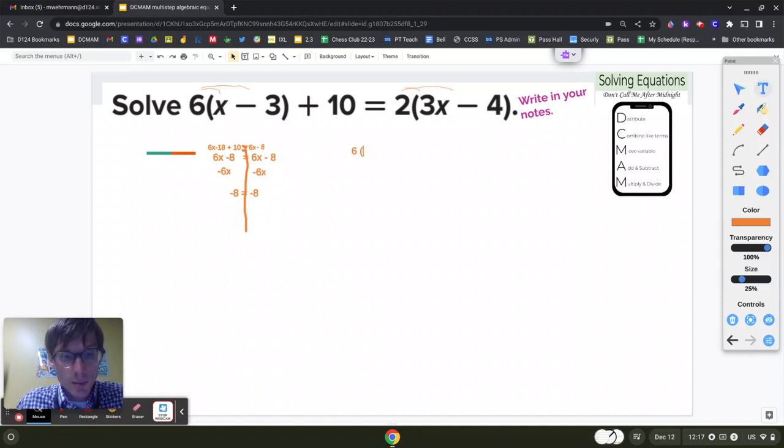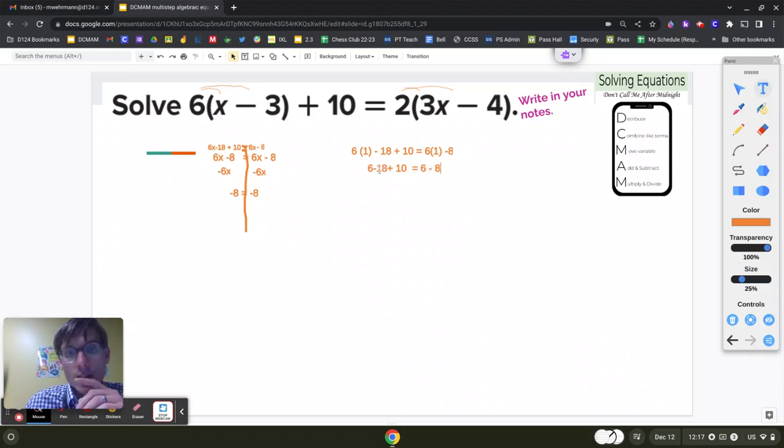So let's say 6 times 1 minus 18 plus 10 equals 6 times 1 minus 8. If we do that, we get 6 minus 18 plus 10 equals 6 minus 8.